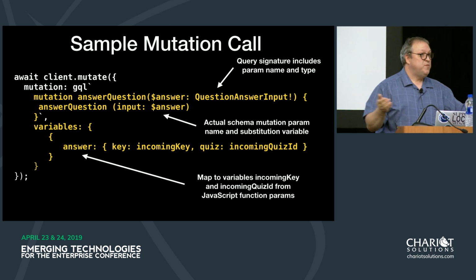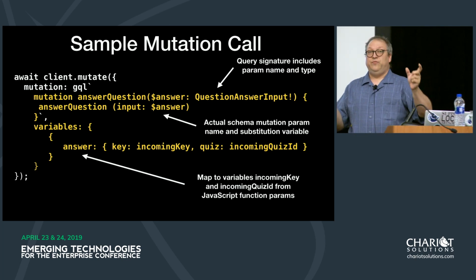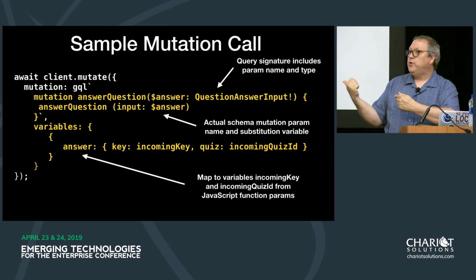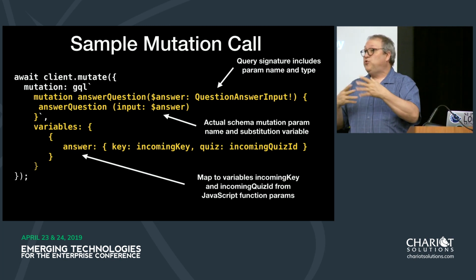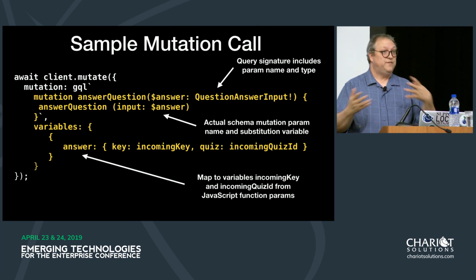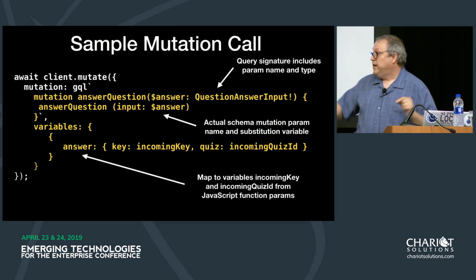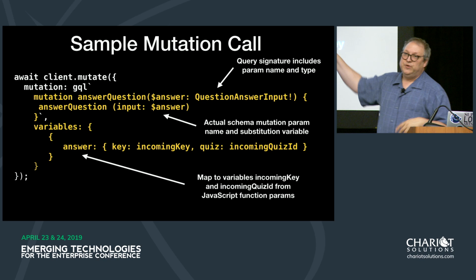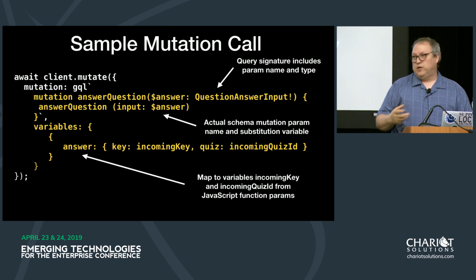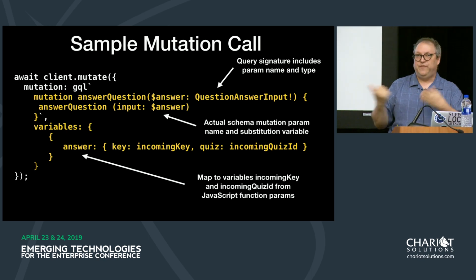You could just slap the variables in there, but if you were going to do that in your code in a regular front end, you'd have to do the string processing yourself to fit that stuff in. You'd have to concatenate all the strings together to make it work right. This is doing the string concatenation for you and taking care of all the escaping and all that kind of stuff. So that's why you'd want to use the variables property.